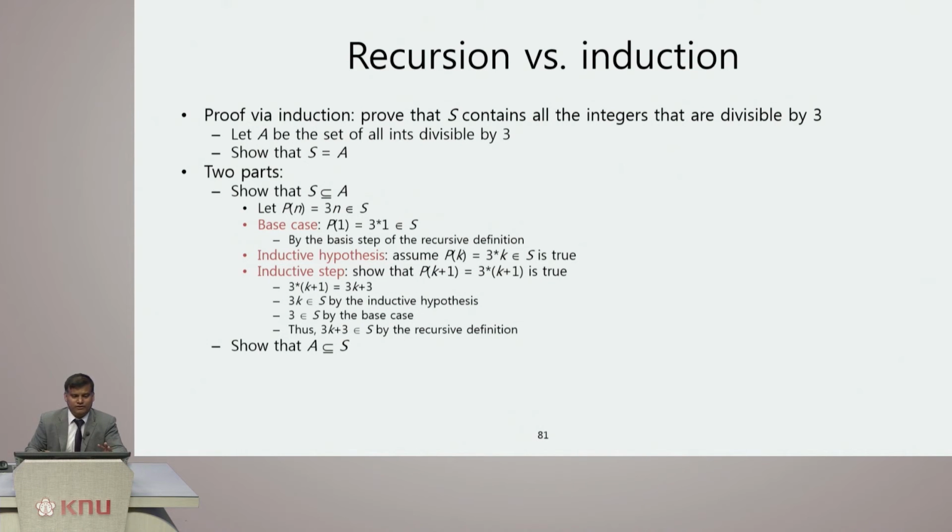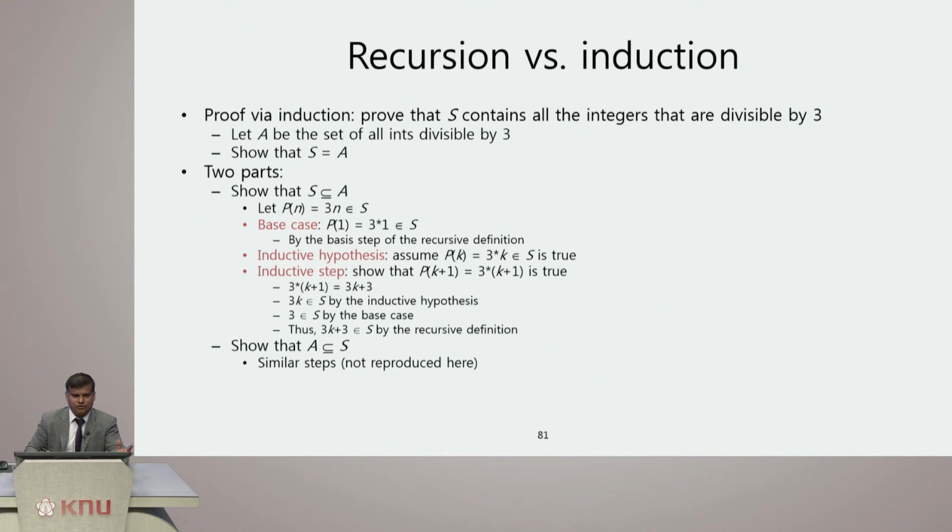So we started with the inductive proof, but we have concluded with the recursive definition by showing that S is a subset of A. Now consider this similar step, and use it for A is a subset of S. You can try it out by yourself, as it has similar sets.